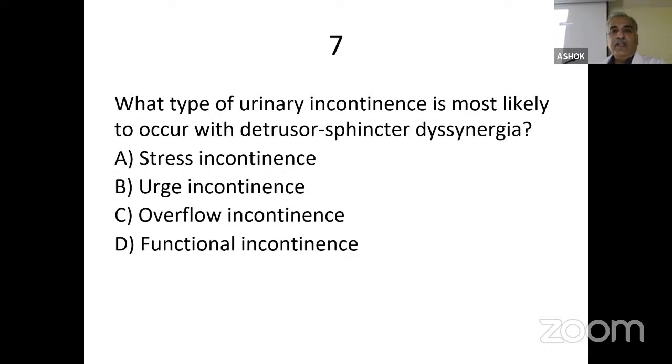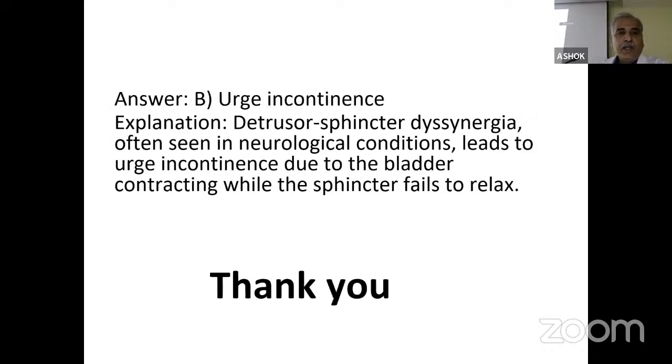What type of urinary incontinence is most likely to occur with detrusor-sphincter dyssynergia? Stress incontinence, urgent incontinence, overflow incontinence, functional incontinence. Urgent incontinence. So we must know the various types of urinary incontinence.